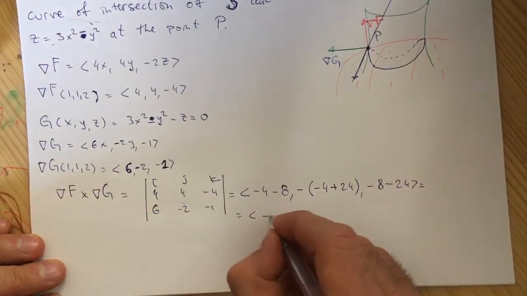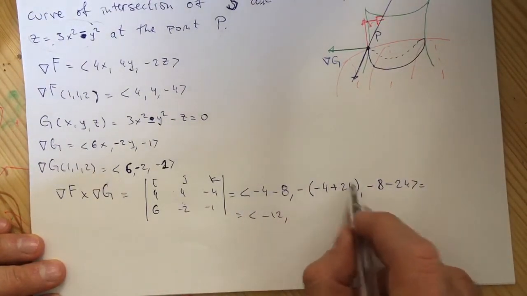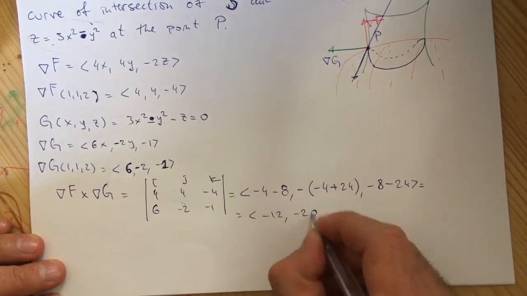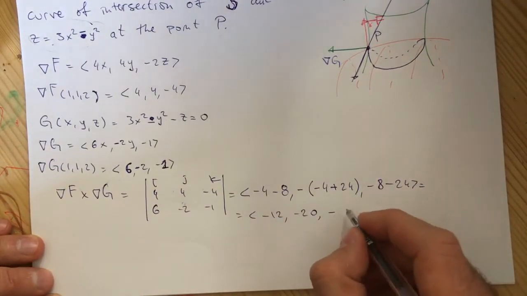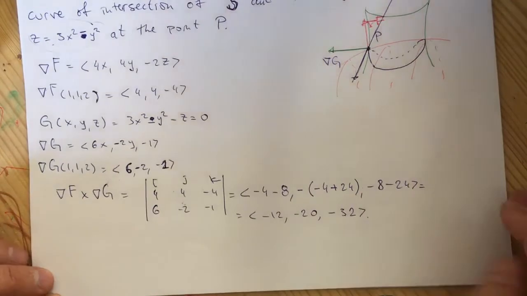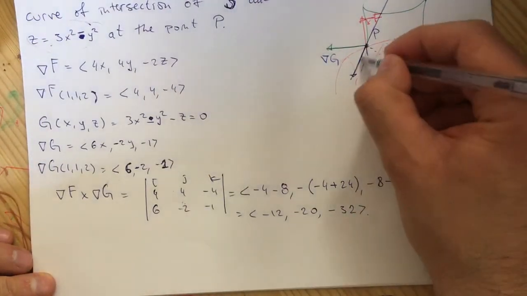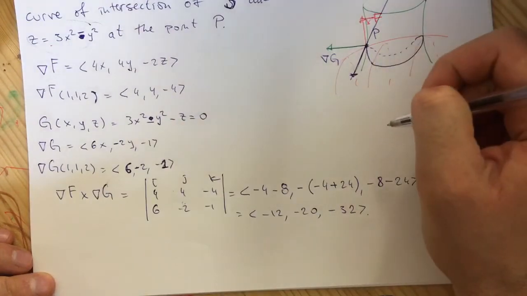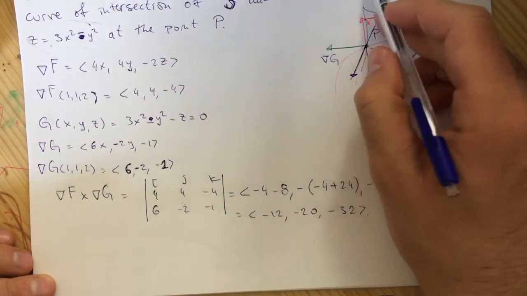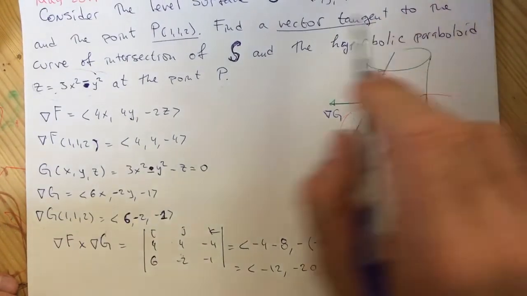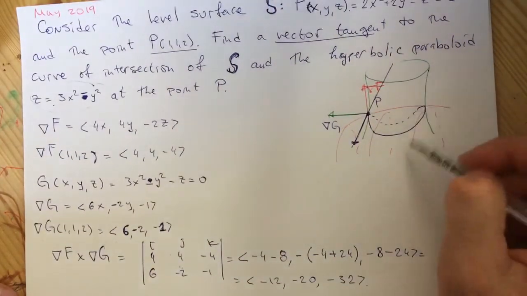And this gives us -12. This is positive 20 with negative in front, -20, and that's -32. So this is the vector tangent to the curve of the intersection of these two surfaces.